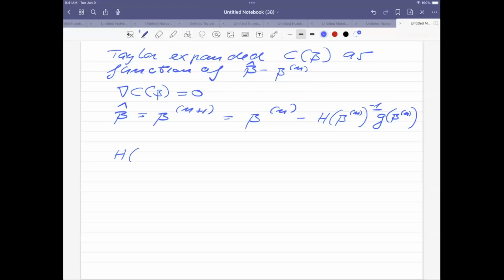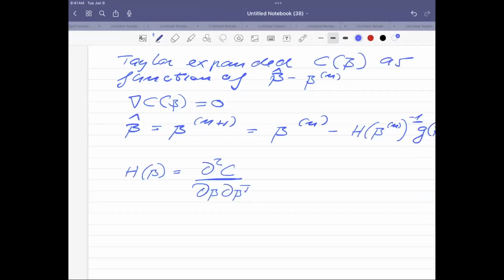So let me just quickly remind you of what these quantities are. This quantity H is a Hessian matrix, and that is the second derivative of the cost function with respect to these parameters beta. And G is just a gradient. And when you see this n, that means that these quantities are evaluated at beta of n. So in this iterative process, what we did in order to achieve this expression was to make a Taylor expansion and we stopped at second order.